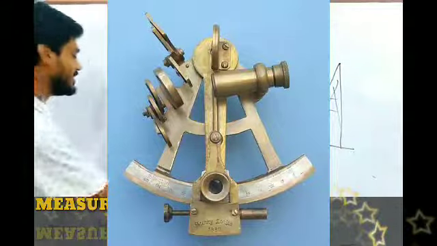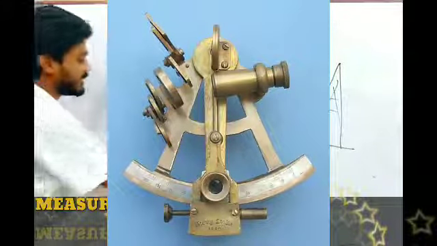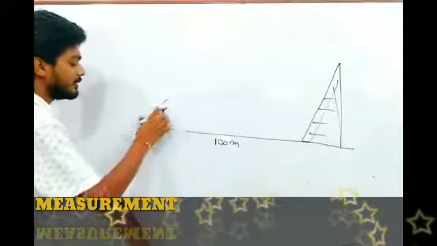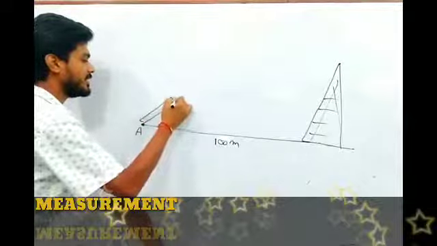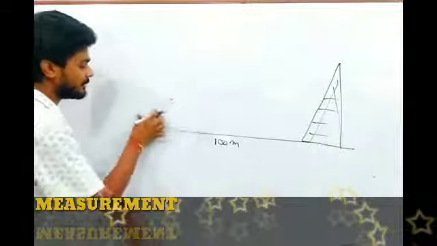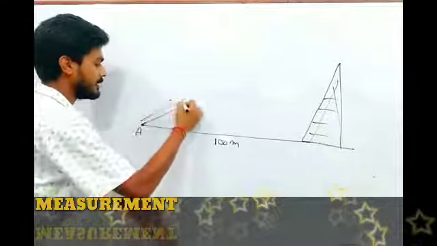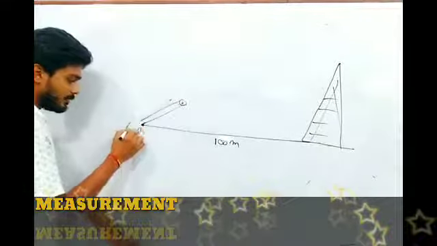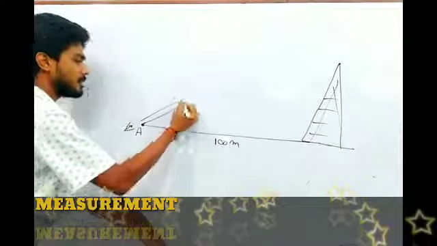You can set the sextant device, that is a simple telescope, and adjust it at a certain angle. If you see through this device, there is a cross mark.